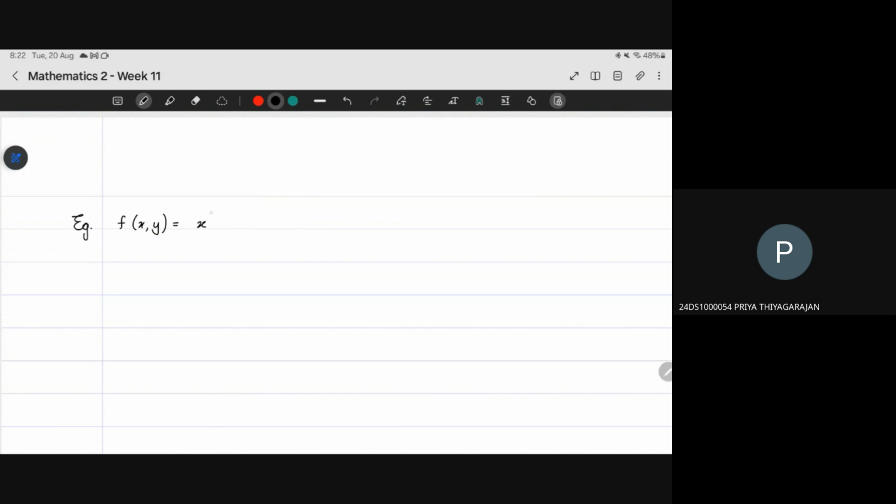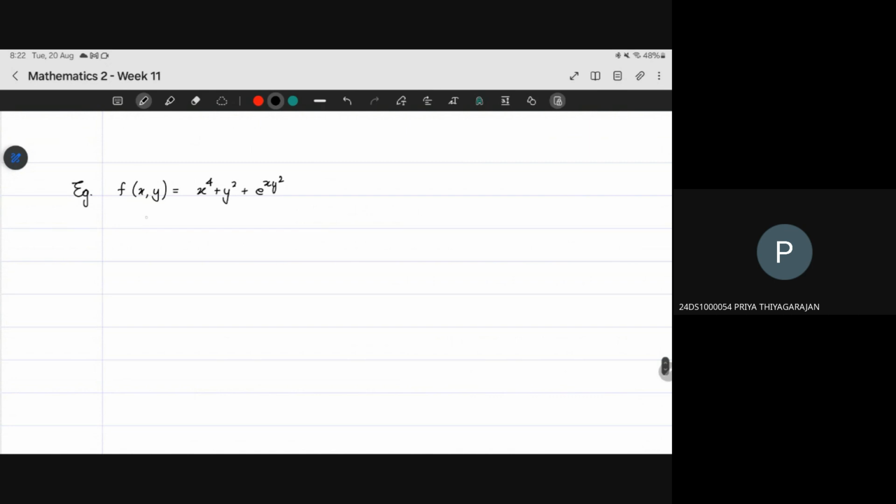Let's say x to the 4 plus y squared plus e to the x y squared, something like this. This is not really symmetric in x and y. If I differentiate with respect to x, I get 4x cubed plus y squared e to the xy squared. I'm not going to go into the details.